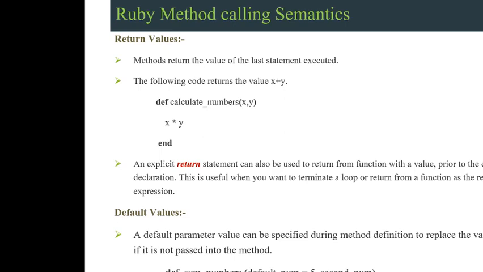So here it will return the multiplication of x and y. If you explicitly say return something, then it will obviously return it. But if you don't specify the return, then whatever the last statement is, that's what it will return.